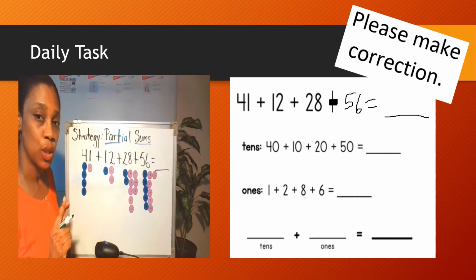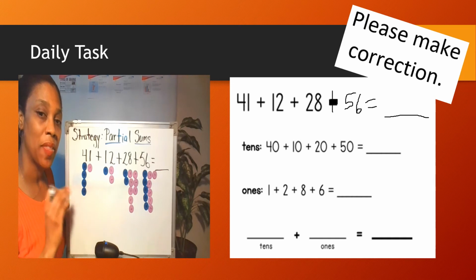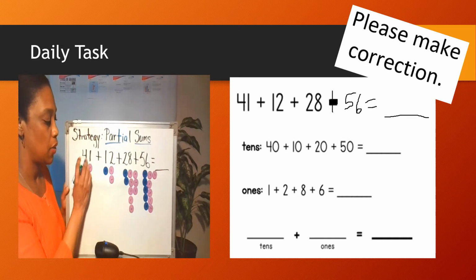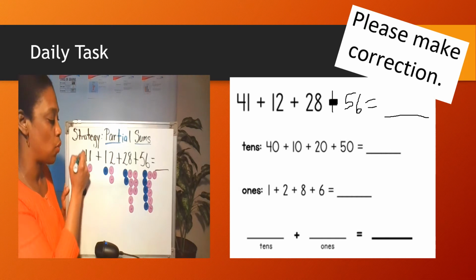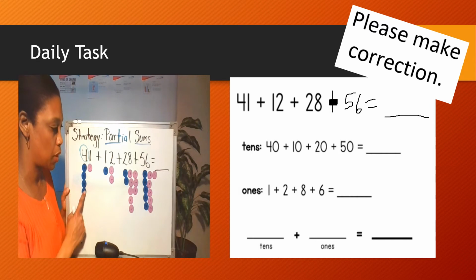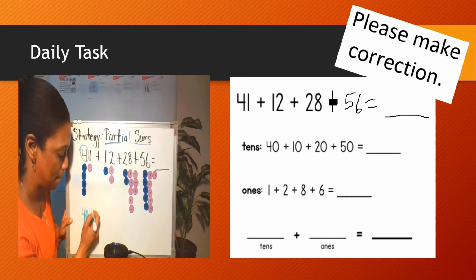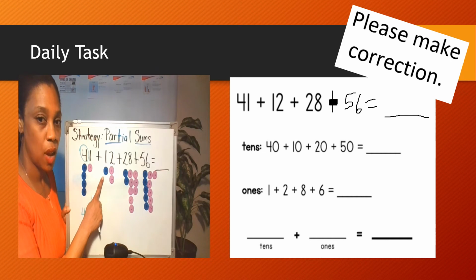First thing that I'm going to do is look at nothing but the tens place in each one of these numbers. Here in the number 41, I know I have 4 tens. 4 tens equals 10, 20, 30, 40. Next, I have the number 12.